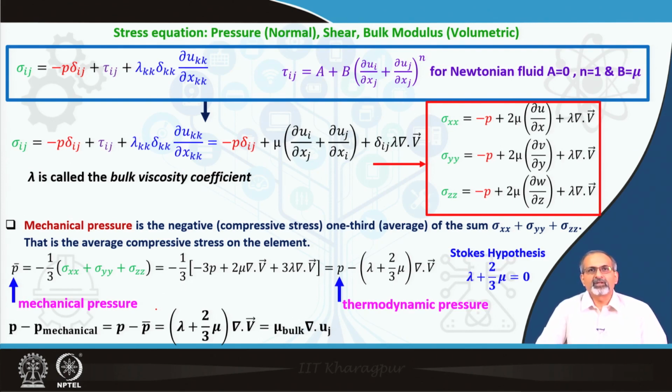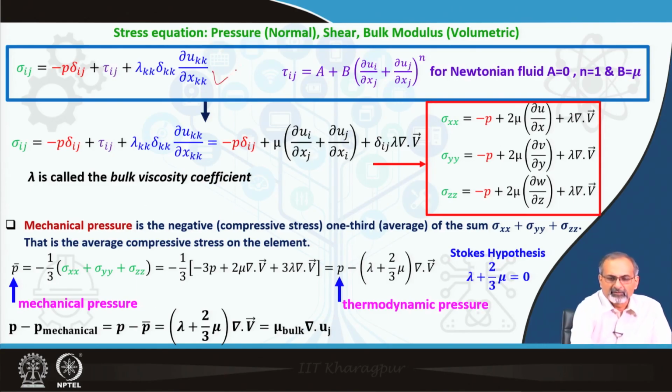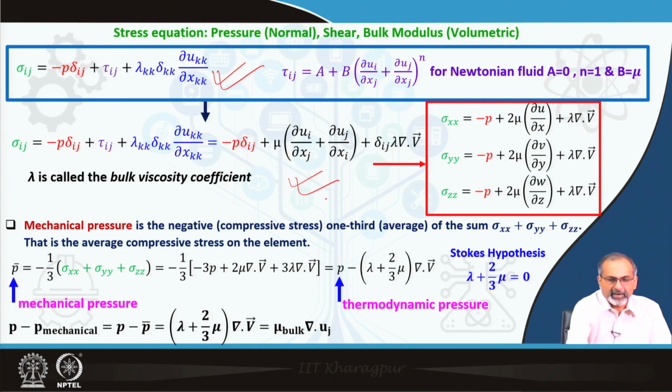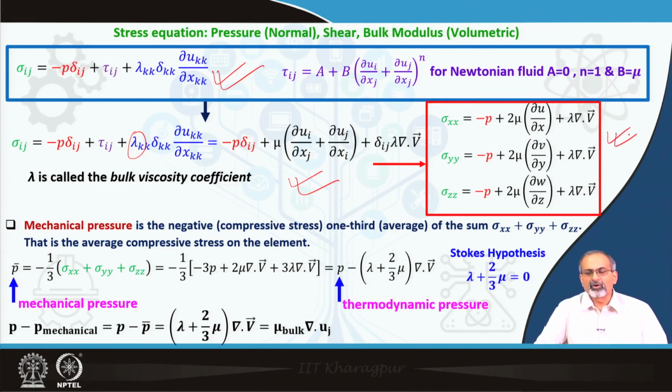And therefore, as we recall, we can go ahead from a general form that we have represented over here to a form that we have shown over here for the respective components, where, as we may recall, lambda is the bulk viscosity coefficient, and we can write the forms for the different normal stress components.